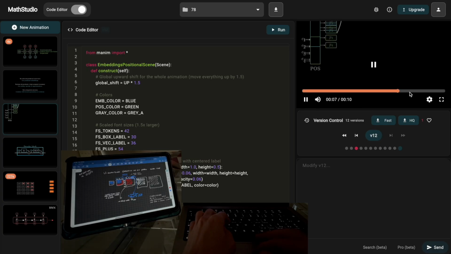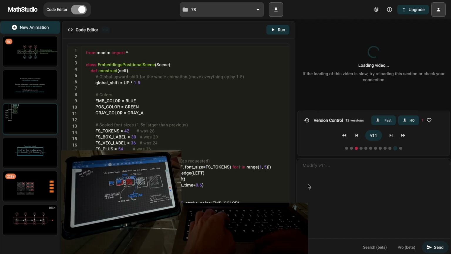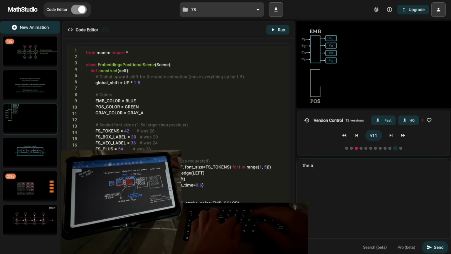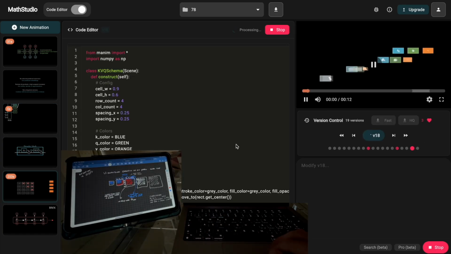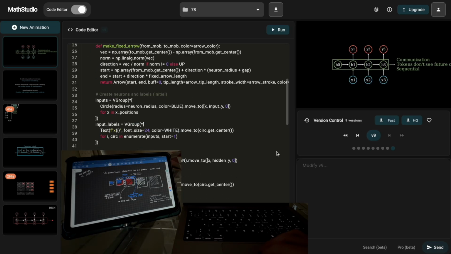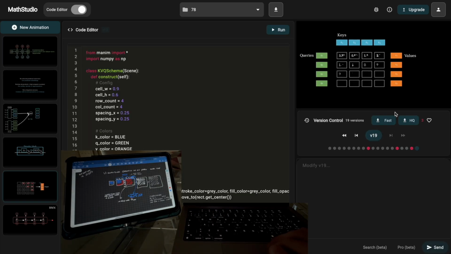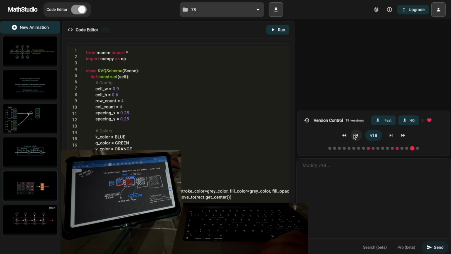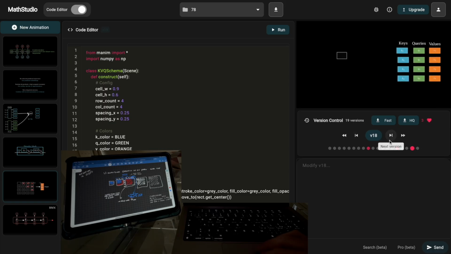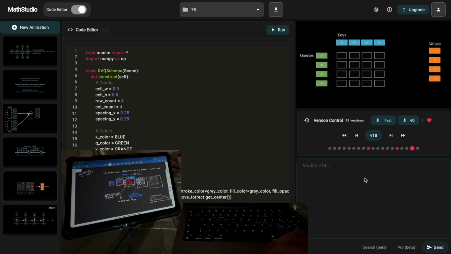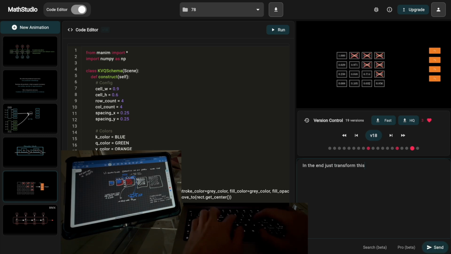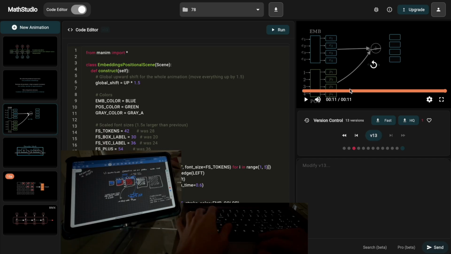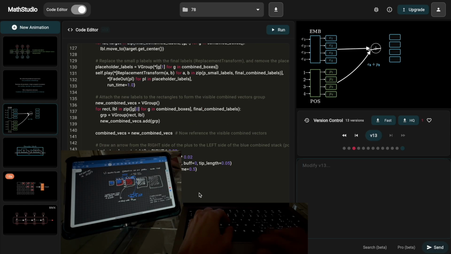It broke everything. Okay. Holy shit, it's so wrong. Okay. My god, this arrow can't be that hard.